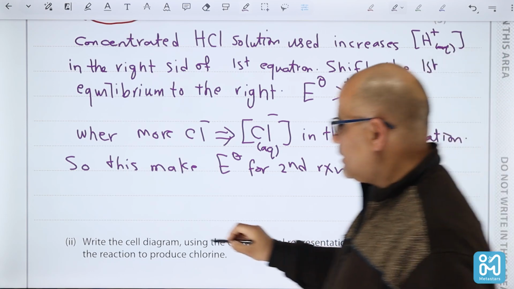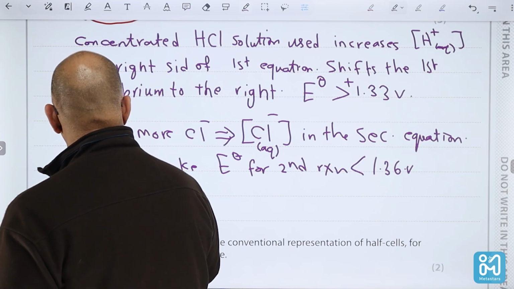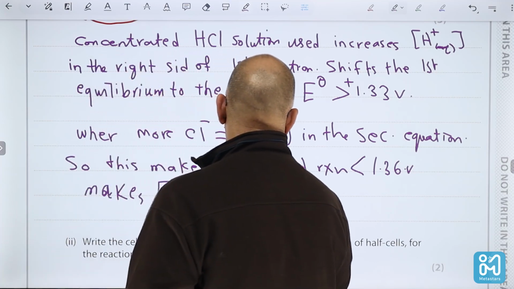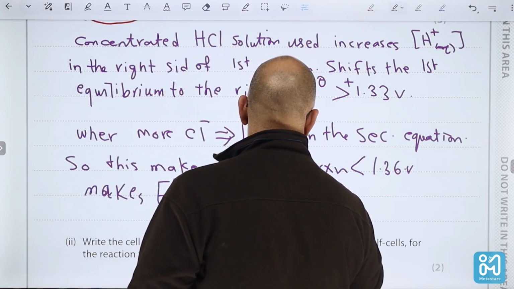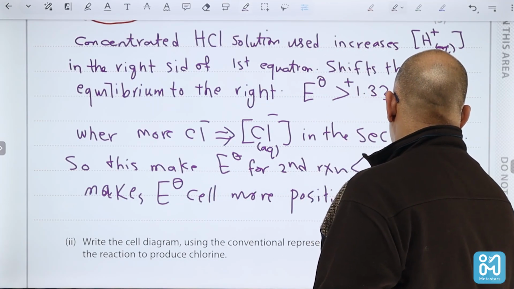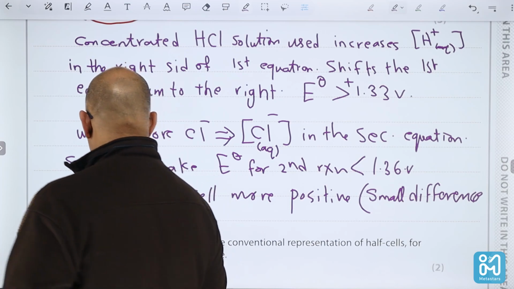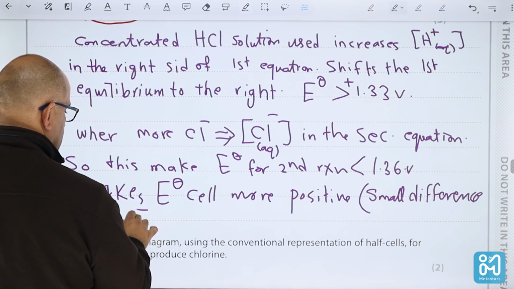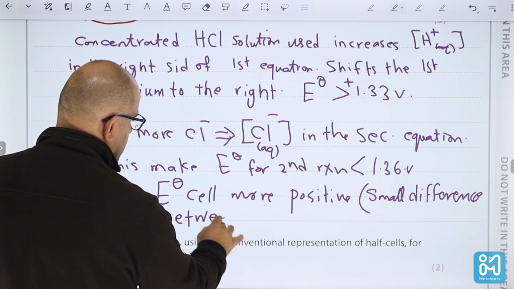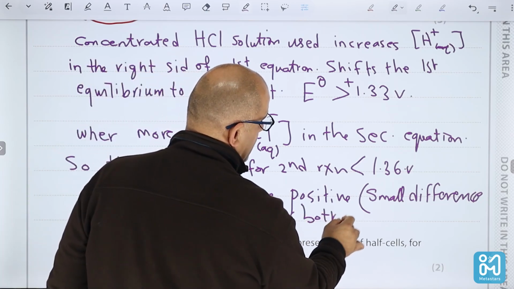So this makes the E cell more positive, since there is a small difference between the E naught for both electrodes.